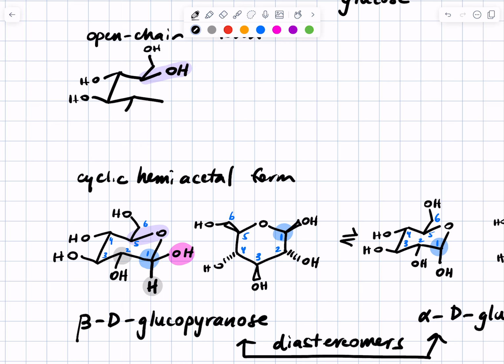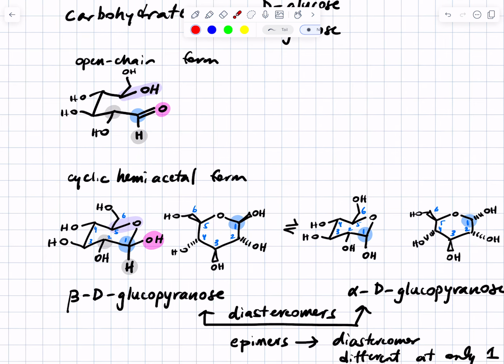Everything else is going to be the same, except for on carbon 1, we're going to have an aldehyde. And this is the open chain form of glucose. Okay, questions about that?